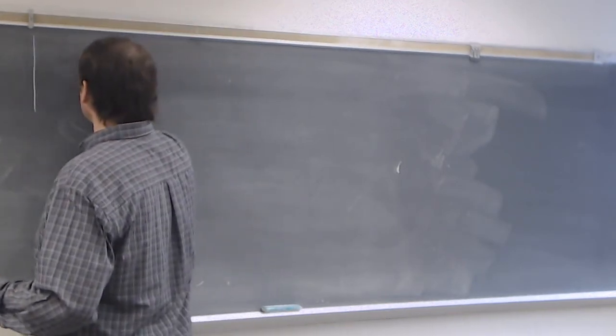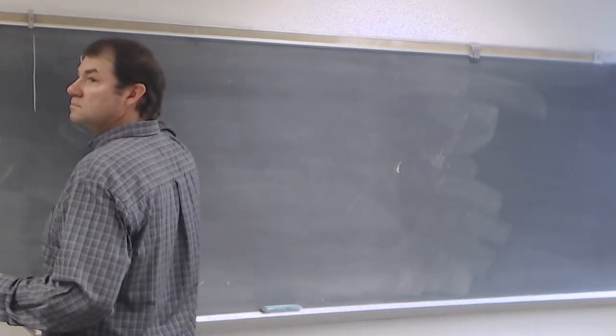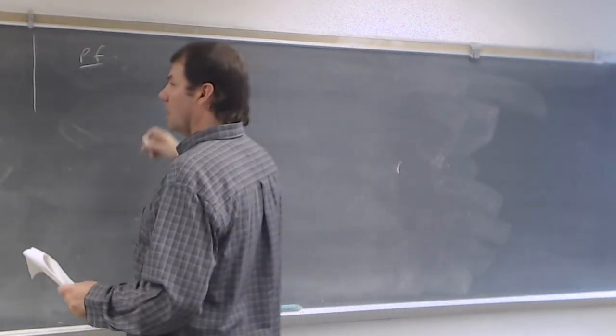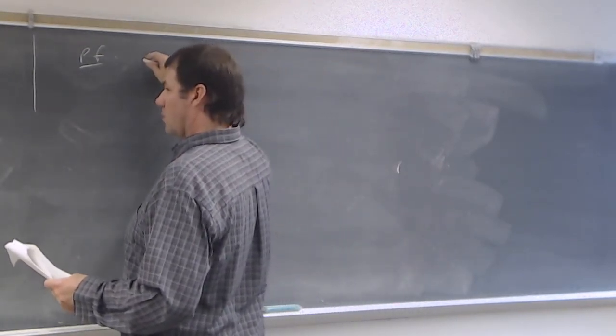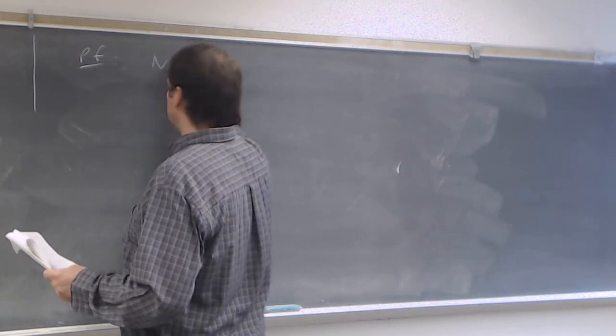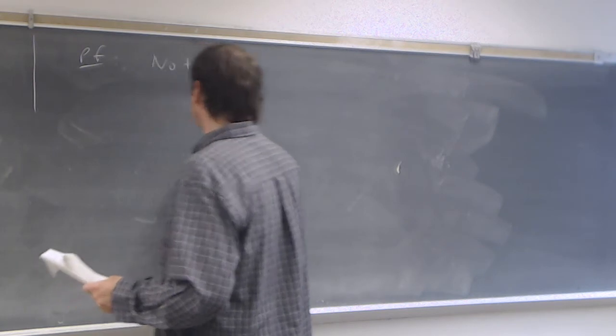So here's the proof. We want to do part one. We're trying to show that 0 times x equals 0.